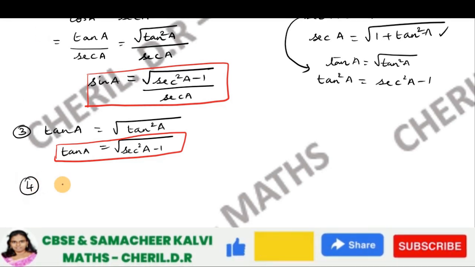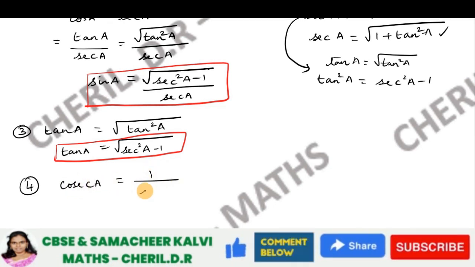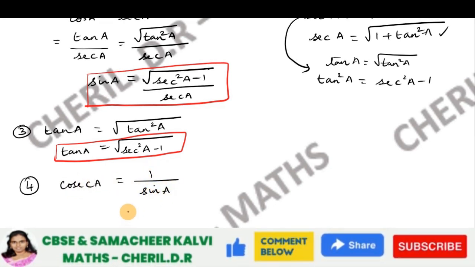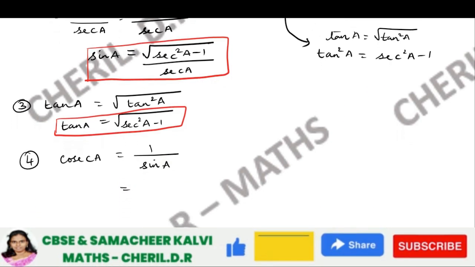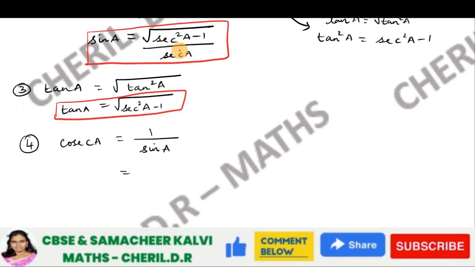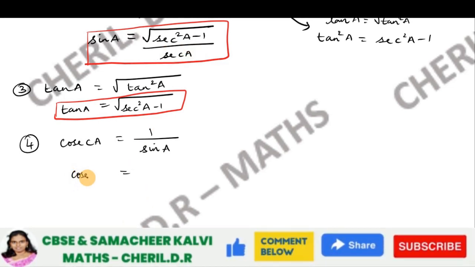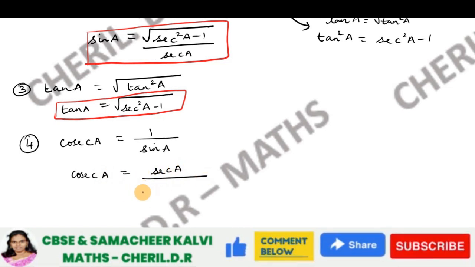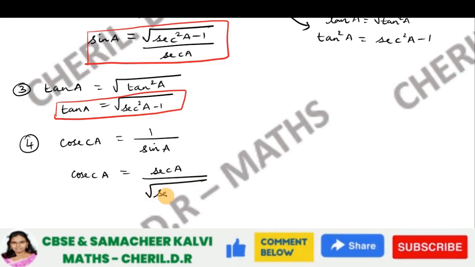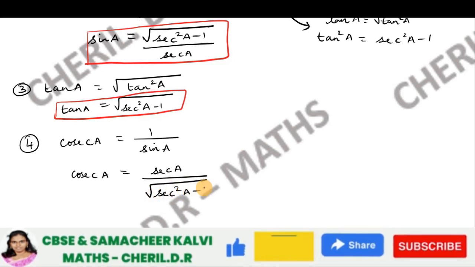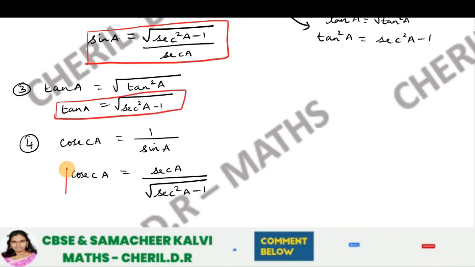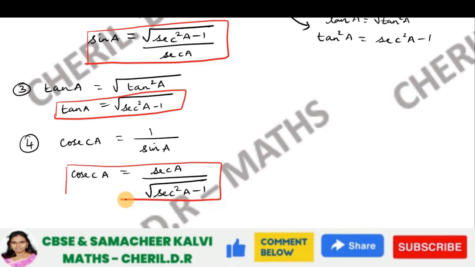The fourth one, cosecant A, is nothing but 1 by sin A. Just now we found sin A as root of secant square A minus 1 by secant A. So cosecant A will be secant A divided by square root of secant square A minus 1. So this is my answer for cosecant A.